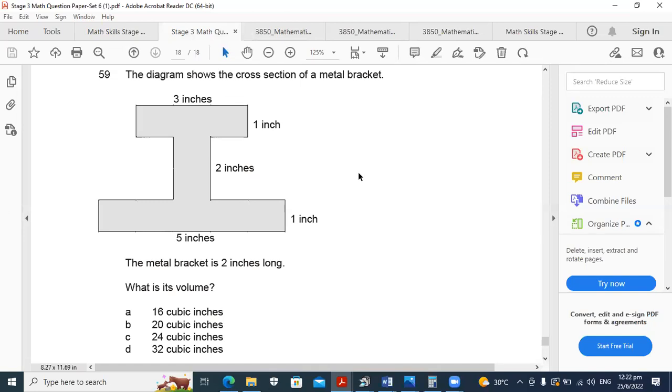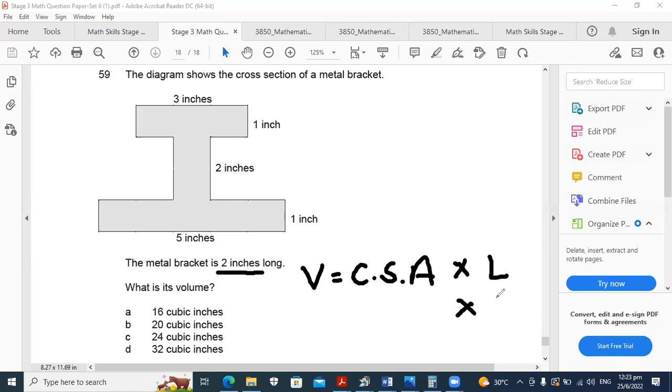And the question says, what is its volume? All right. Now, what we need to understand is that volume is cross-sectional area times the length. So you notice that they give you the length of this thing here. So it's 2 inches long.